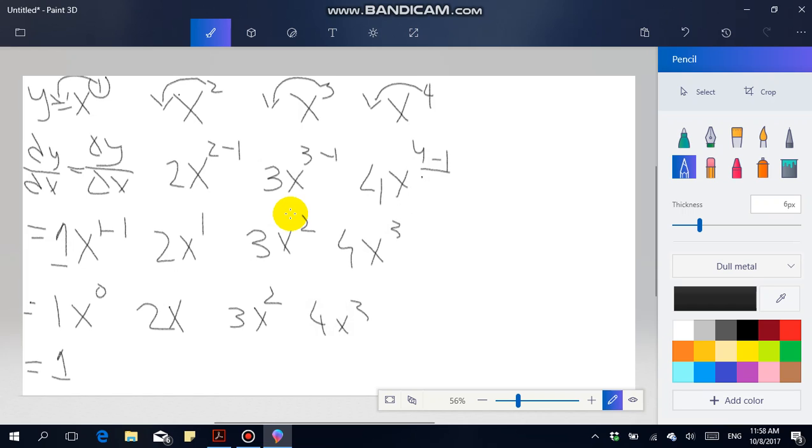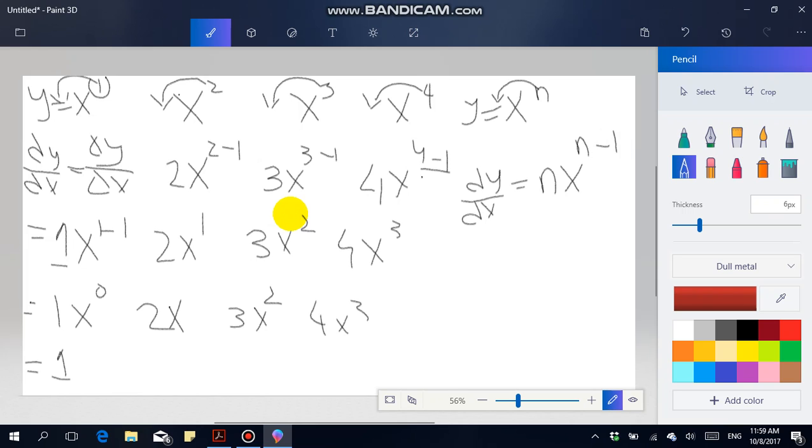So basically, whenever I have any power of x, now this is a general rule or general formula. Whenever I have any power of x, so my equation is y is equal to x^n. If I have to find the rate of change of y with respect to x, what I'll do is multiply the power of x with itself. So this would become nx, and I'll subtract that power by 1.